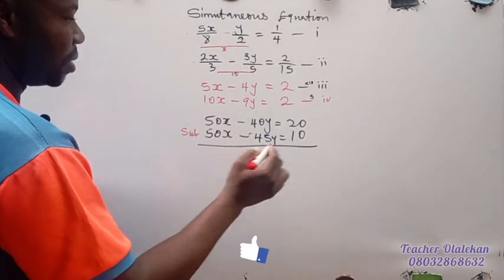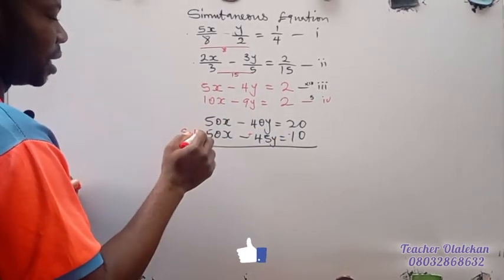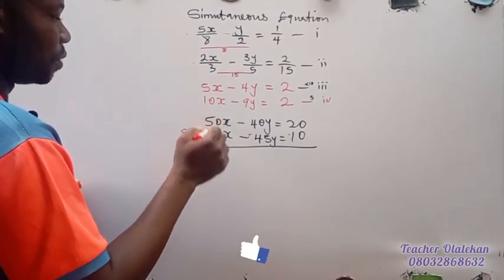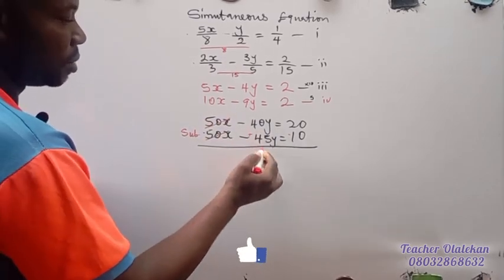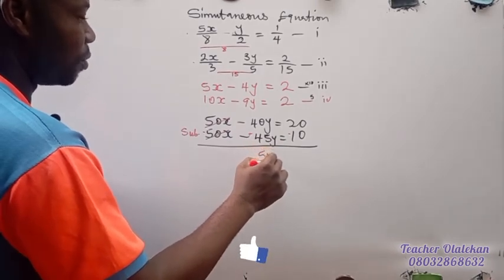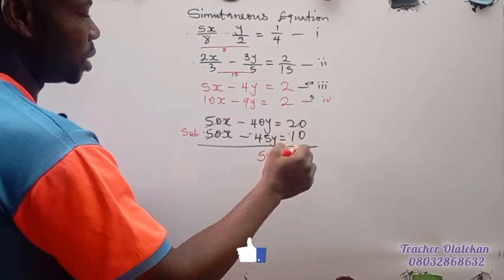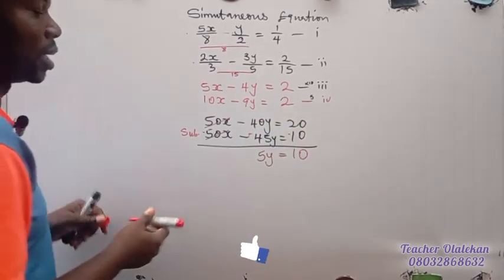You can apply your directed numbers. So now let's take away. Plus 50x minus 50x cancel each other out, and this becomes plus 5y, that's 5y is equal to 10. Yes, 20 take away this, that's 20 minus 10.